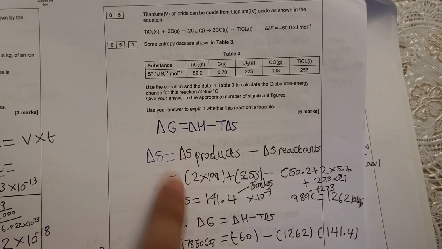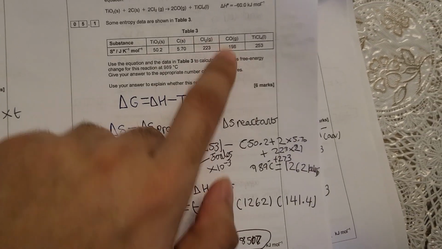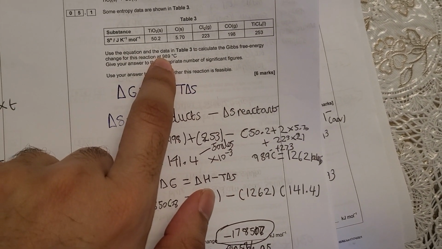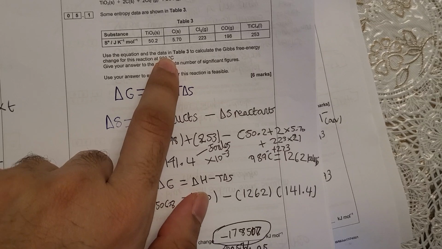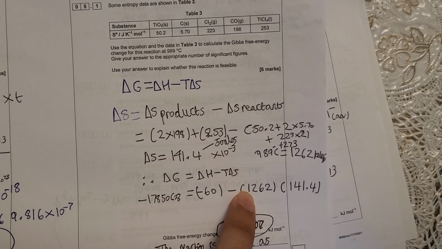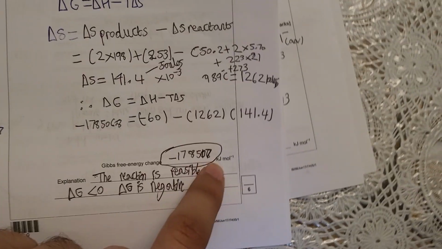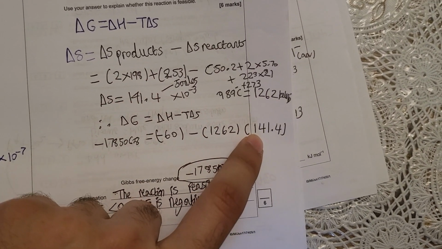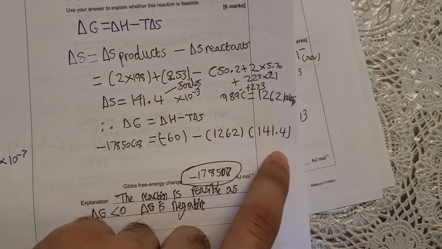Now I want delta G. Well, delta G is delta H minus 60 measured in kilojoules minus the temperature. Well, I want it in Kelvin, so 989 plus 273, that's degrees Celsius to Kelvin at 273. And then delta S, well, I want my final answer in kilojoules per mole, kJ mol^-1. Delta S is measured in joules, so I need to divide it by 1000. So times 10 to the power minus 3, I should put it there as well.